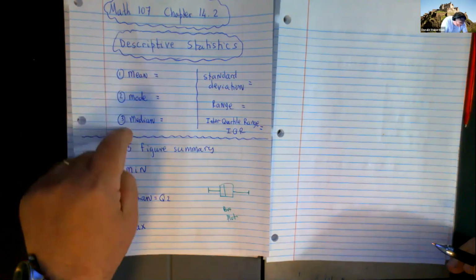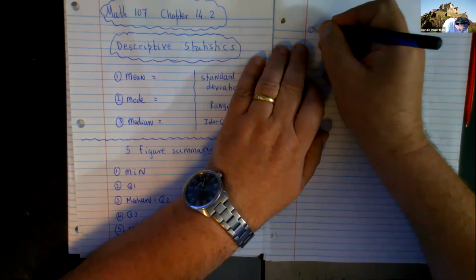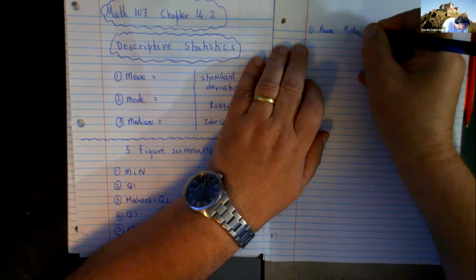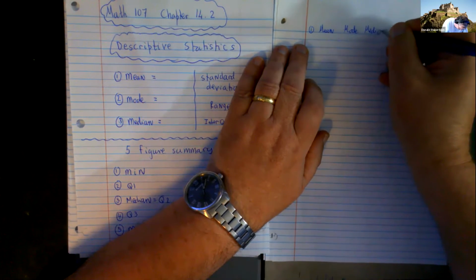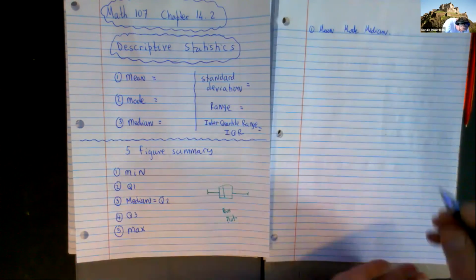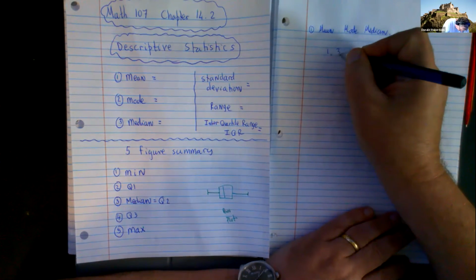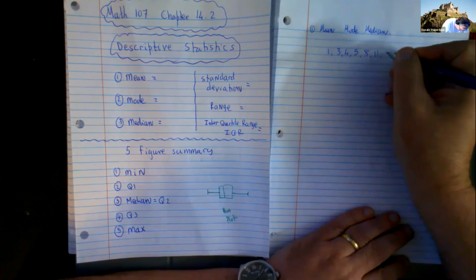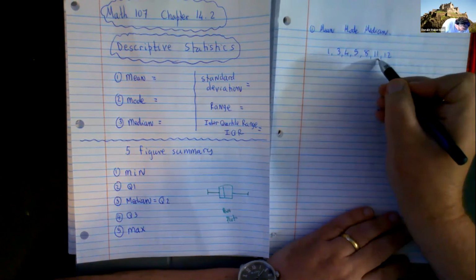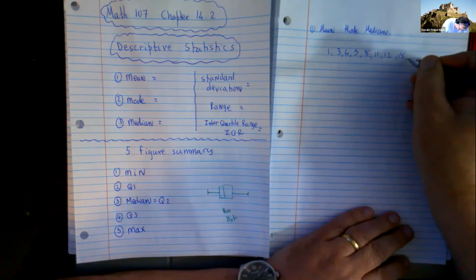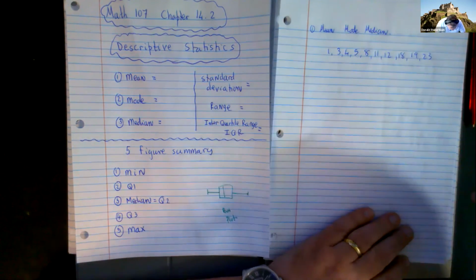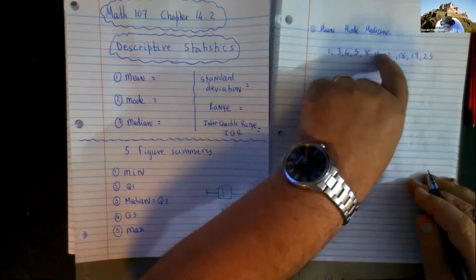So let's just start up with these 3 first. We're going to look at, again, the mean, mode, and the median. I'm going to write down my list of numbers. 1, 2, 3, 4, 5, 6, 7, 8, 9, 10.